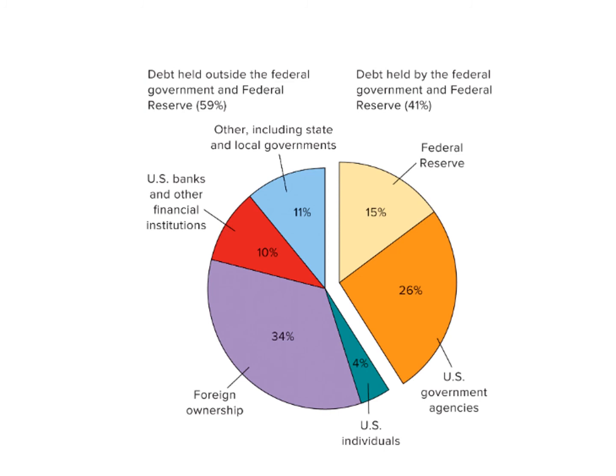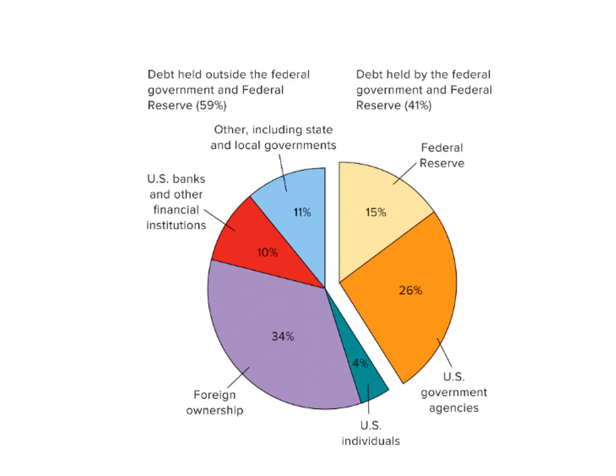So the rest of it is what we say held by the public, right? Debt held by outside of government agencies. So of that, 11% is held by state and local governments, 10% by financial institutions and banks, 4% by good old American citizens, and then 34% of the debt is owned by foreign countries or foreign individuals.